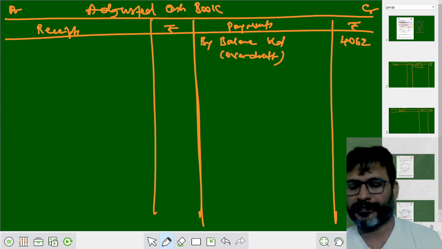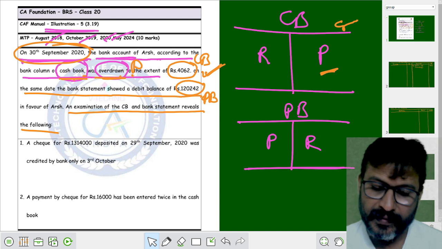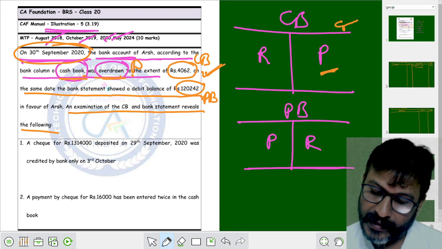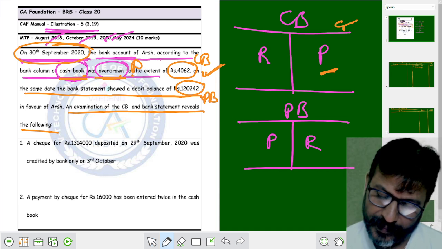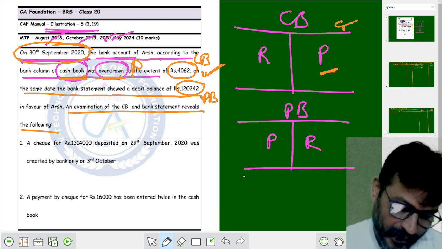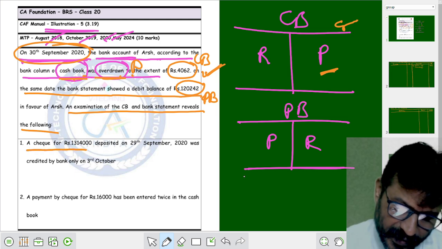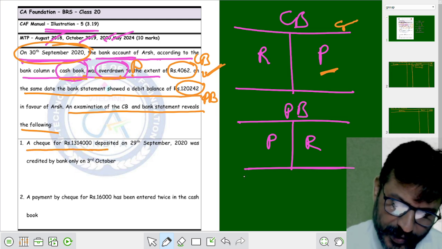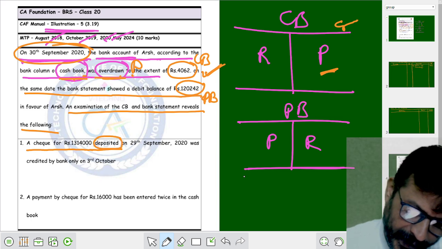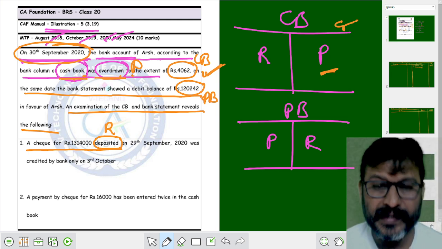Fine. Shall we see what he is actually speaking about in the first transaction of the problem? See what is there in the first transaction. A cheque for rupees 13 lakh 14,000 deposited. What happened, my dear students? It is deposited, which means receipt.